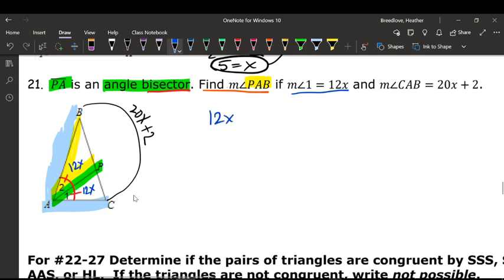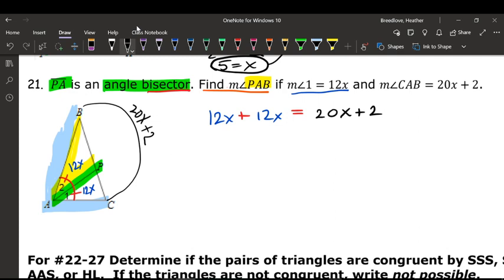So 12x plus 12x is going to equal 20x plus 2. Does that make more sense written that way? Okay, good. Then I will go with that method.